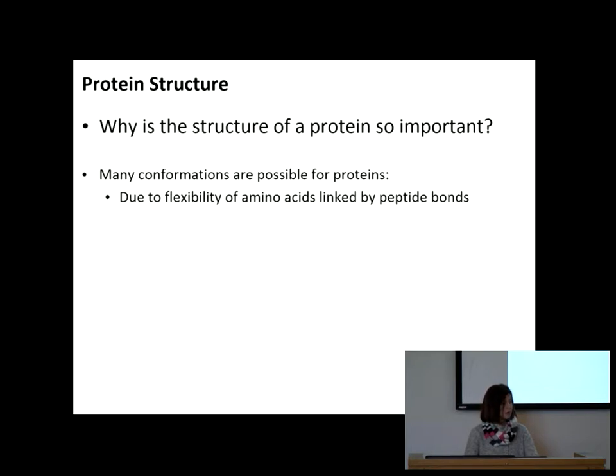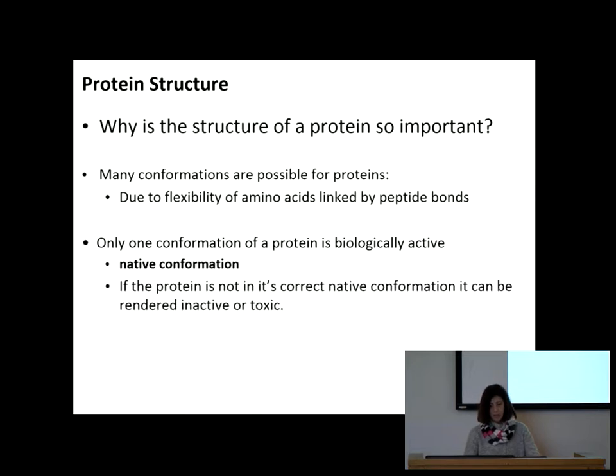If the 3-dimensional conformation is incorrect, bad things can happen, and we'll talk about that. However, there are many conformations that are possible, but only one is native, or biologically active. We call the biologically active form the native conformation. We can have really bad things happen if we do not fold it correctly. So the 3-dimensional shape that is biologically active is the native conformation.